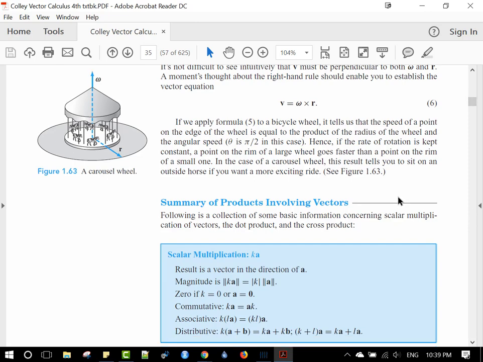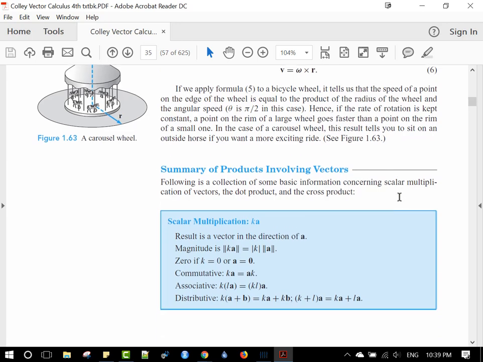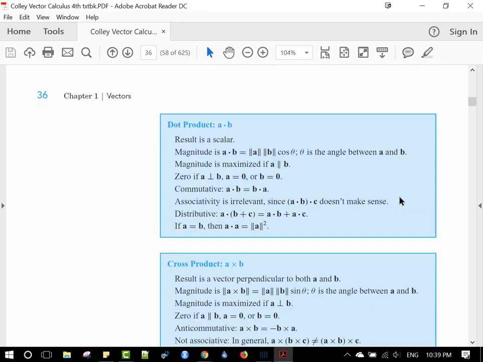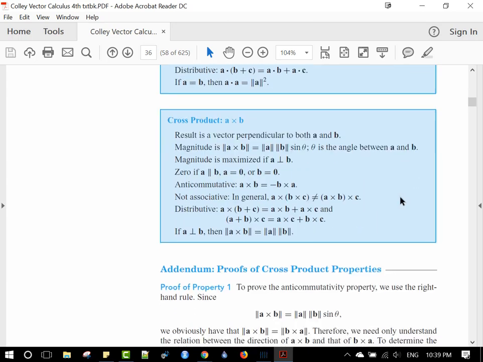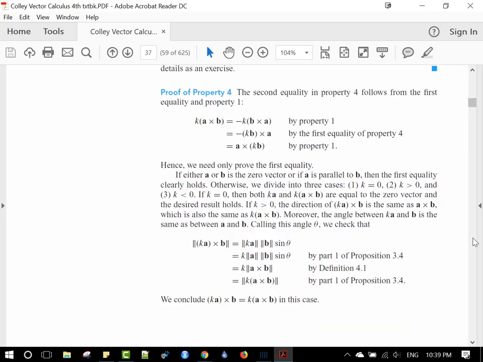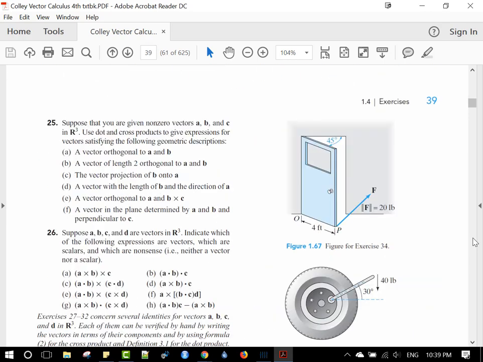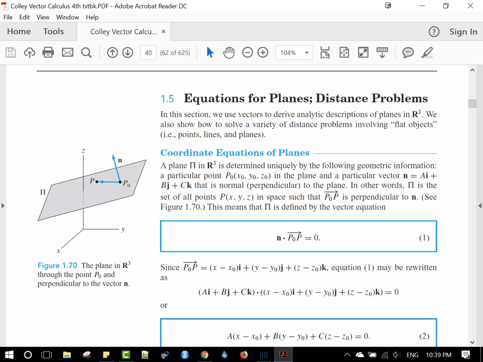But properties involving vectors, dot product, cross product, some proofs. And then we have equations for planes and distance problems, so we'll get to that later as well.